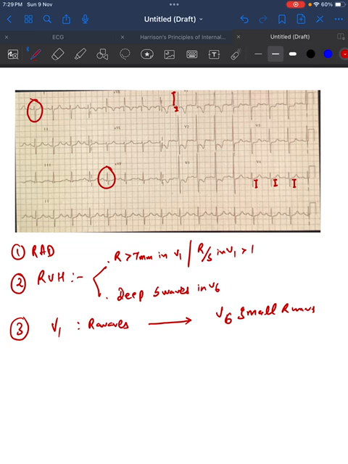As we can see, the R waves are very tall in the right-sided leads, that is V1, V2, and they are very small in the later leads, V6. So this is known as poor progression of the R wave. This is a very important sign.